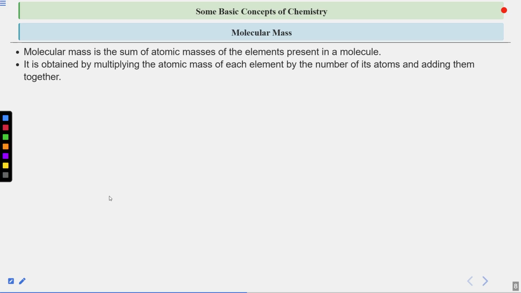How is it obtained? We simply multiply the atomic mass of each element by the number of its atoms. So we multiply the count by its mass, and then we simply add it together.